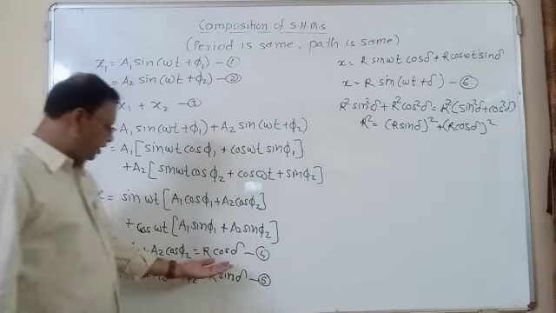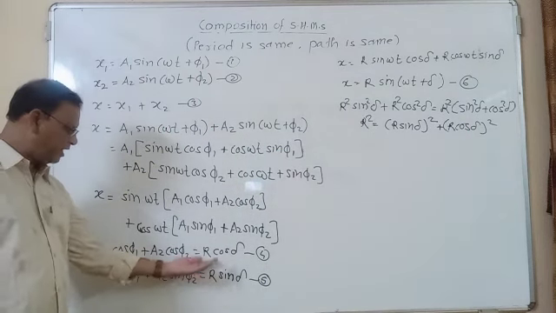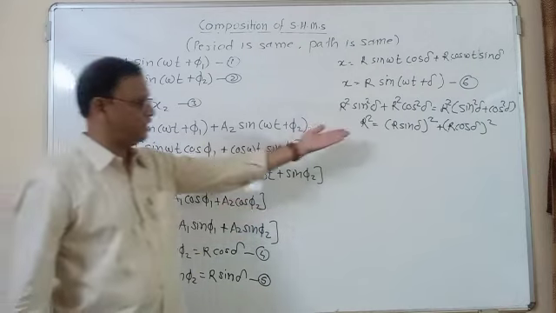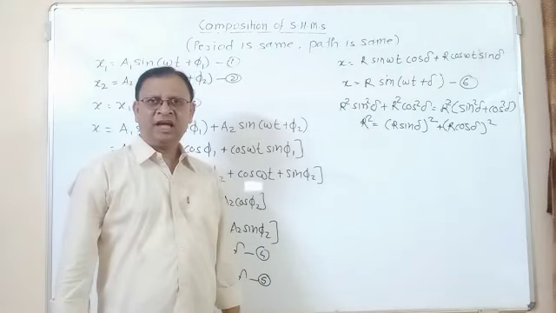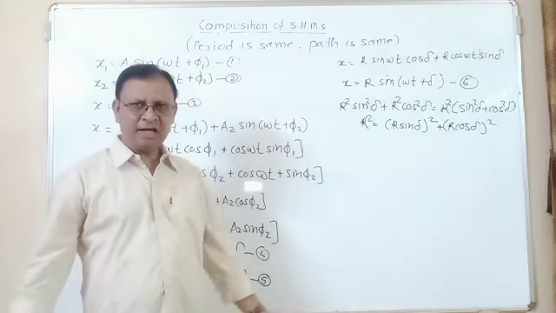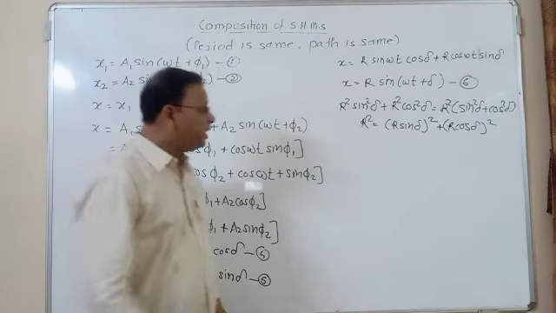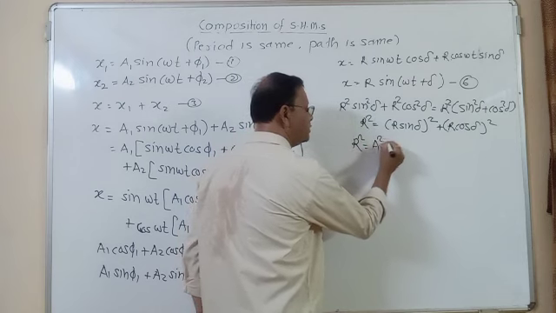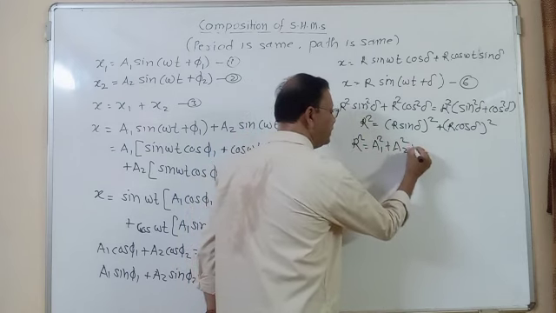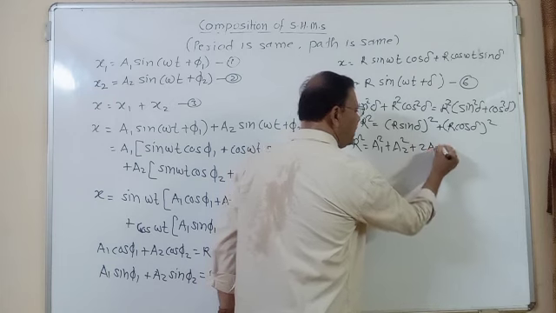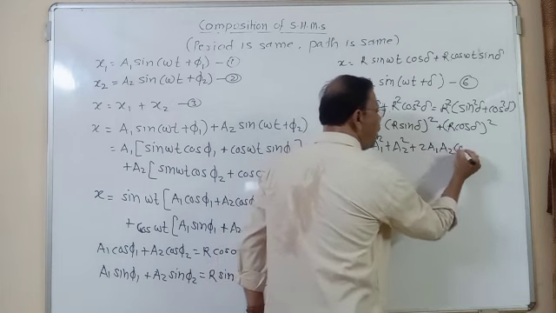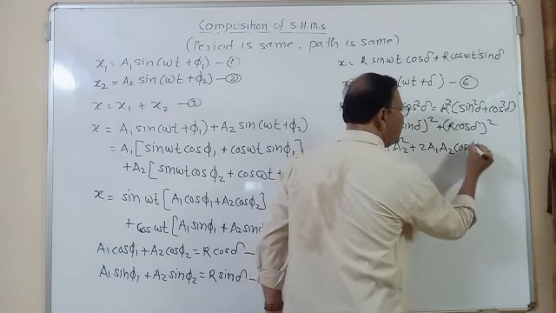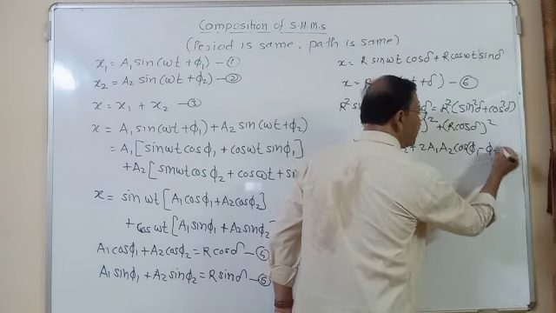Now using the values of R sin delta and R cos delta in this relation and doing some mathematical masala, we get R square is equal to A1 square plus A2 square plus 2 A1 A2 cos phi 1 minus phi 2.